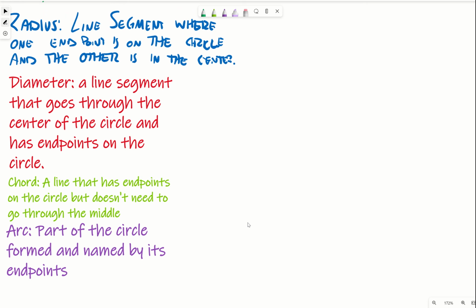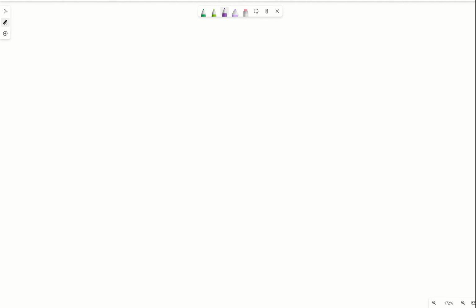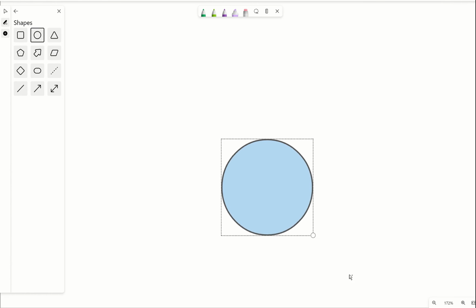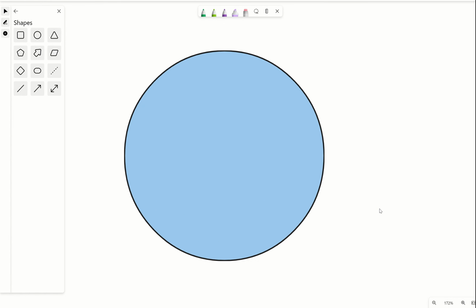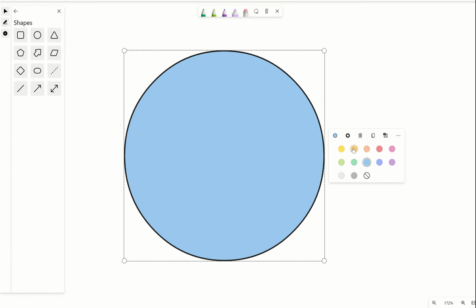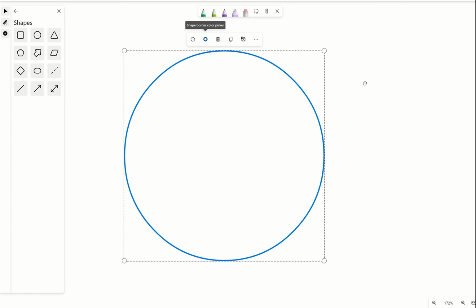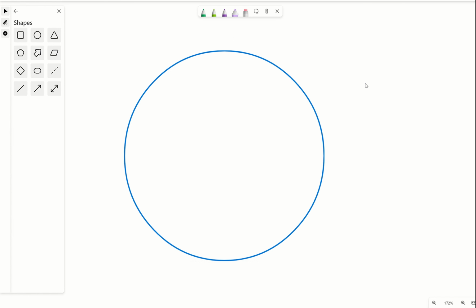Now, let me draw another circle here. Let me see. Can I add a shape in? I feel like maybe I can add a shape in. This will be so much easier, man. All right, here is a circle. Yes, it's a beautiful circle. We'll make it a blue circle. Don't know why, don't care. Here's our center point. And then I'm gonna add some lines in here. We'll go with some light blue lines.